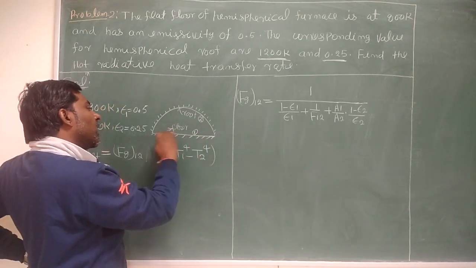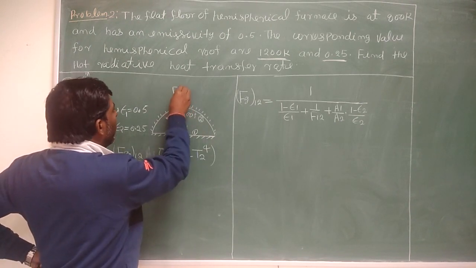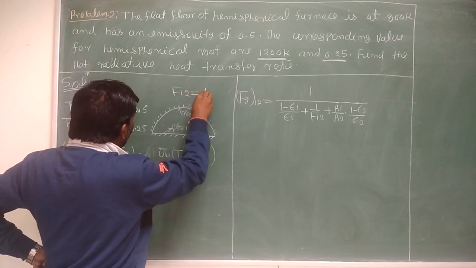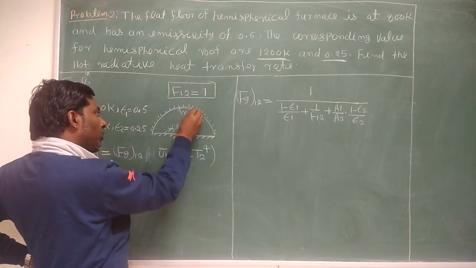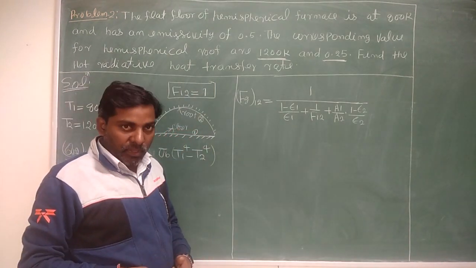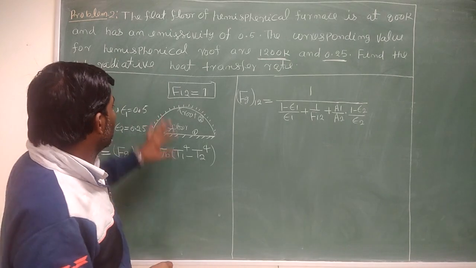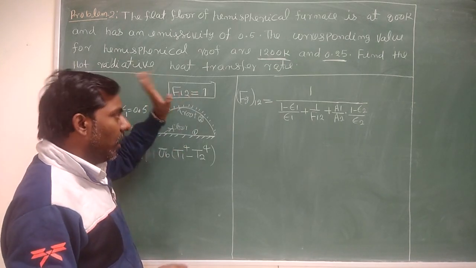So the total radiation of surface 1 will go on the roof. So the shape factor from 1 to 2, from floor to roof, will be 1.